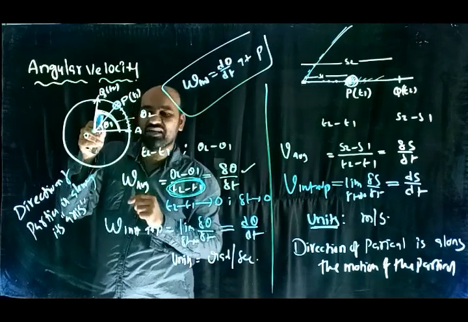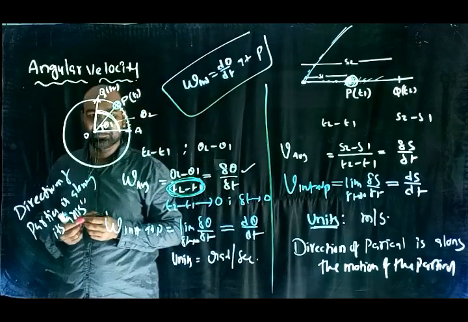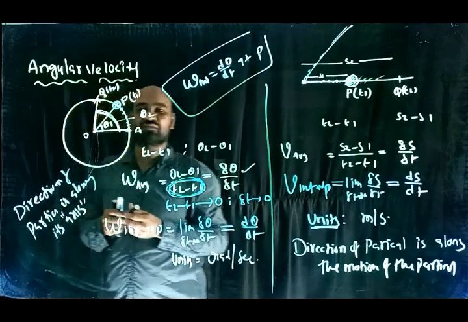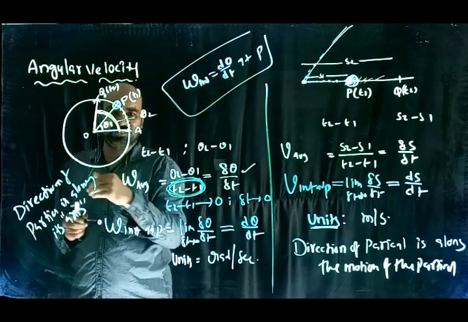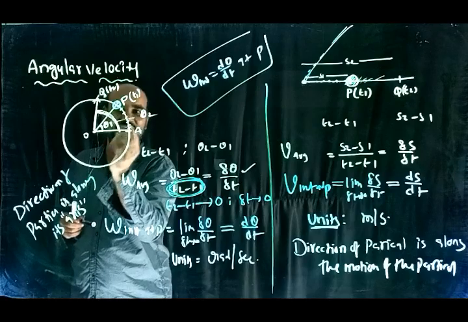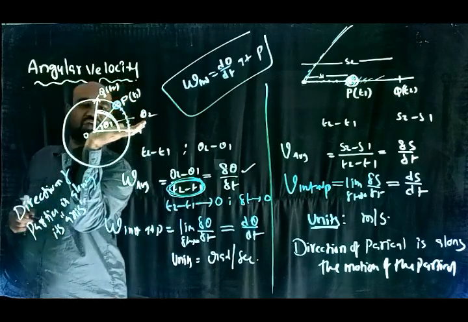But one important thing is it should also satisfy the right hand thumb rule. If your particle is moving in the anti-clockwise direction, initially the particle is here and moving anti-clockwise, we place our right hand like this.